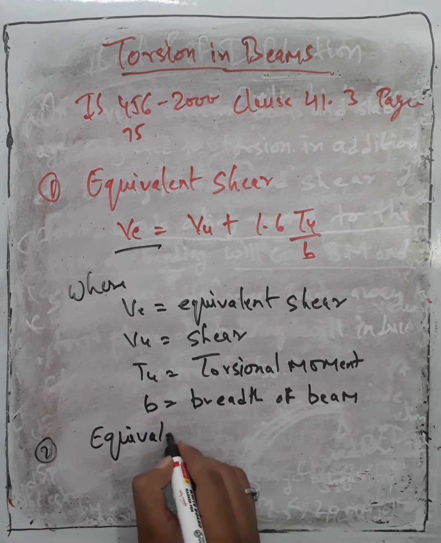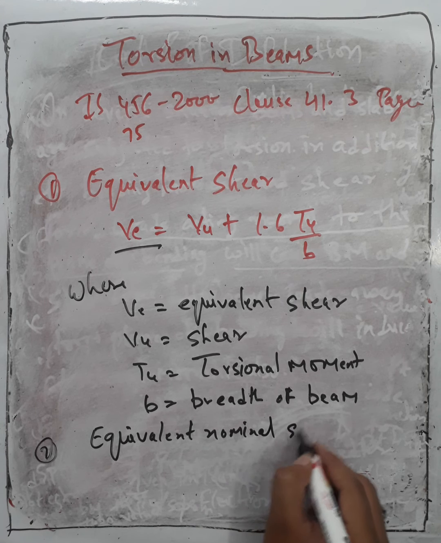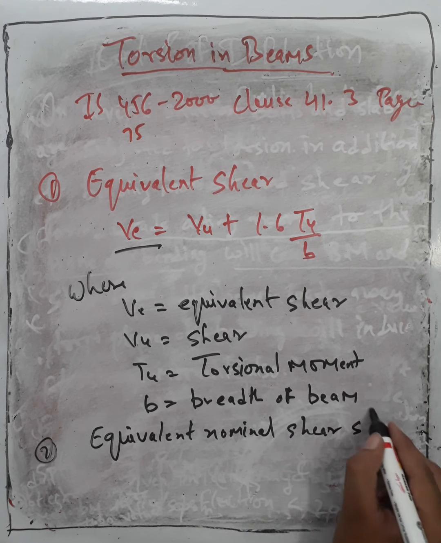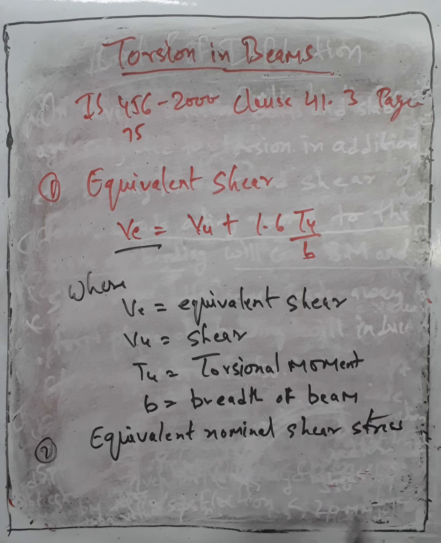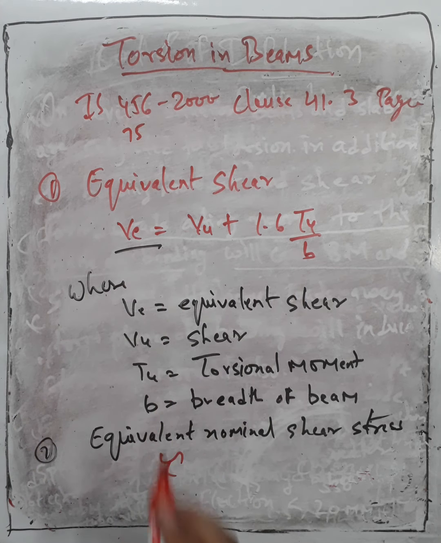Okay, after finding this VE, you have to calculate the equivalent nominal shear stress. In our shear reinforcement case, we found only nominal shear stress, but here we have to find the equivalent shear stress, because here we have to use VE. So the formula is same as shear, but here we use VE instead of VU.